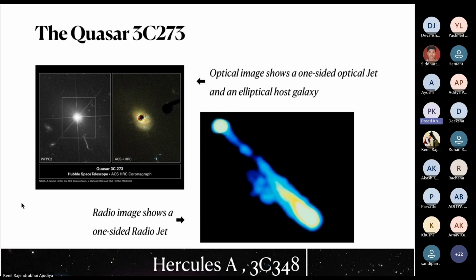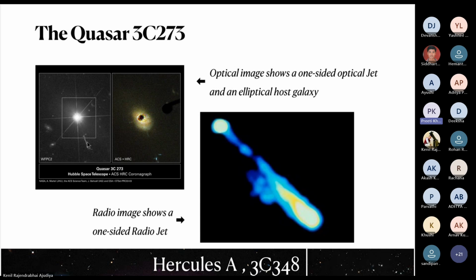Now we have much better images of 3C273, and this slide shows that. On the left, you see a Hubble Space Telescope image of 3C273. You can see very clearly this very, very bright point source, and you can in fact even see from the WFPC2 image that there is a little bit of an extended region, which is actually a jet in 3C273, which you can see in the optical.